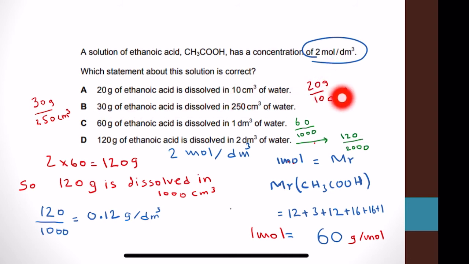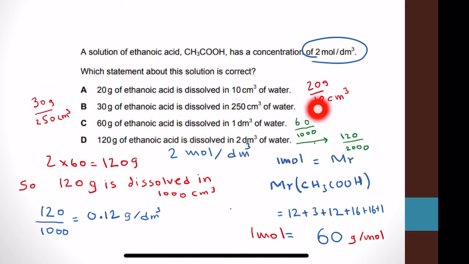20 divided by 10 is not equal to 0.12. 30 divided by 250, you can check the answer, equals 0.12. 60 by 1000, because 60 gram are dissolved in 1 cubic decimeter, so 1000 cubic centimeters. 120 gram are dissolved in 2 cubic decimeters, so 2 times 1000, 2000 cubic centimeters.